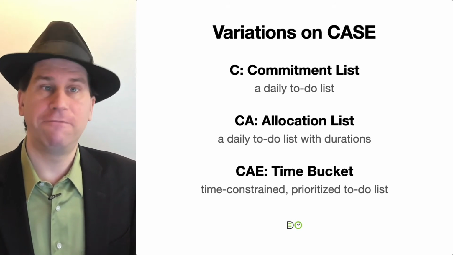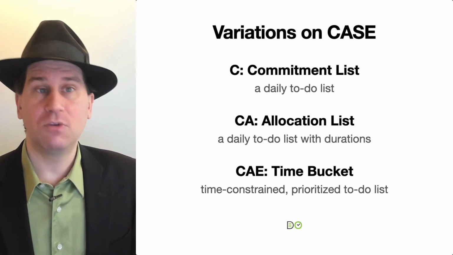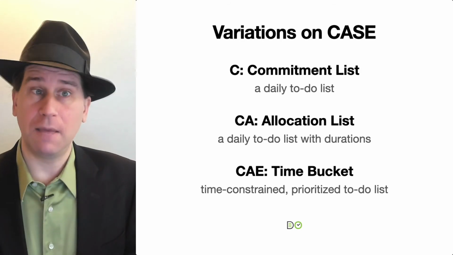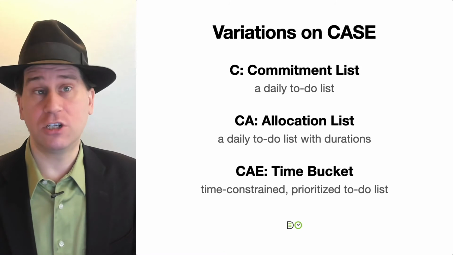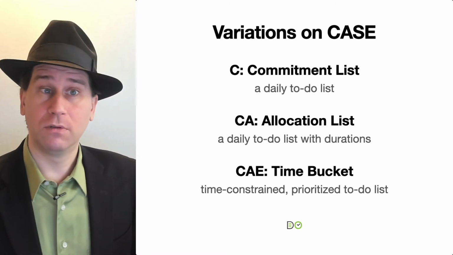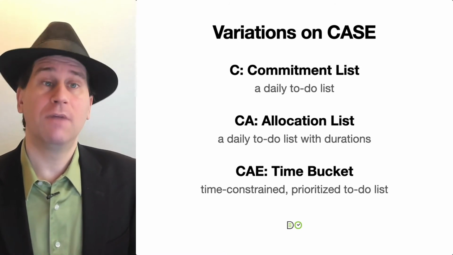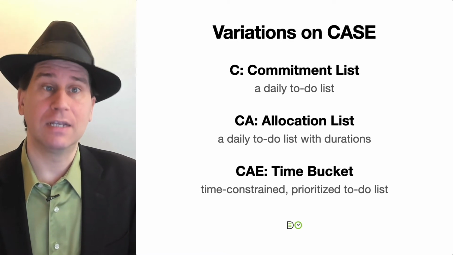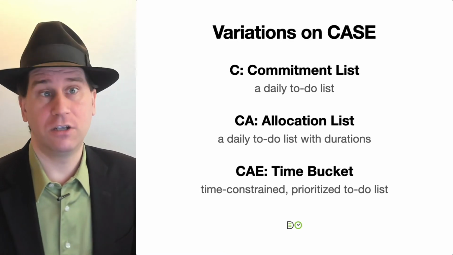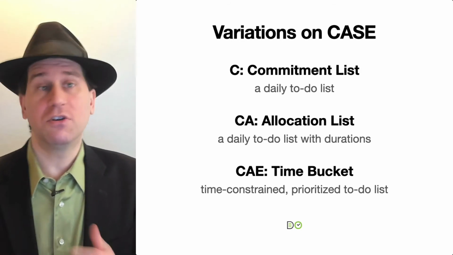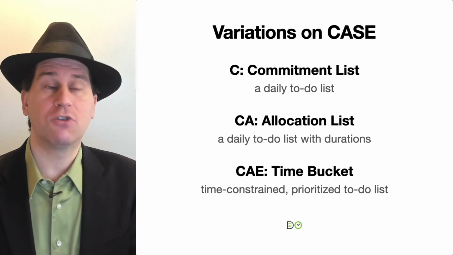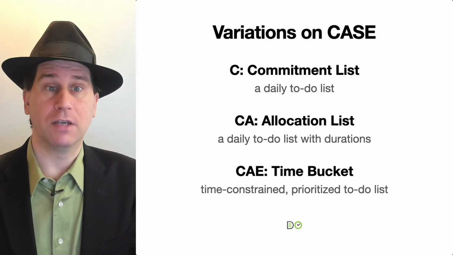So now I've got a fixed bucket of time. And now I need to evaluate what goes in that bucket and what doesn't. Again, we're going into what should stay and what should go. By doing this, I'm helping create a more realistic list of what I can achieve today. So that would be a time bucket. These are different ways you can combine these steps to create different types of daily plans.